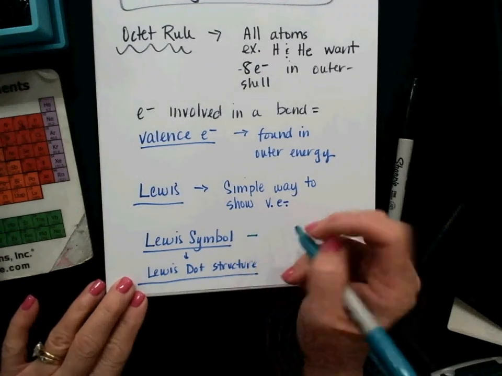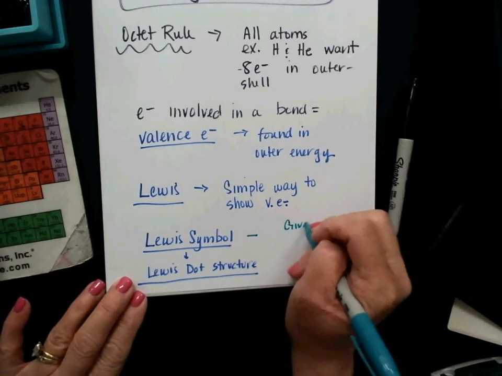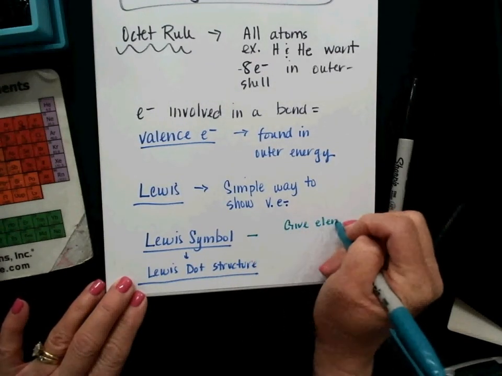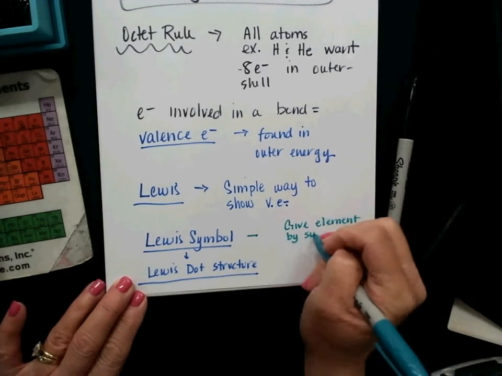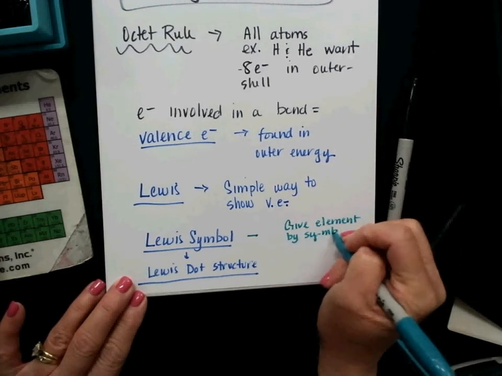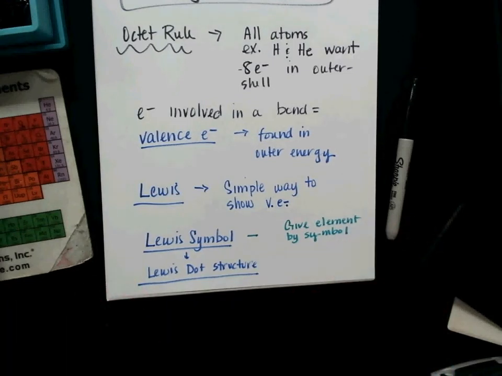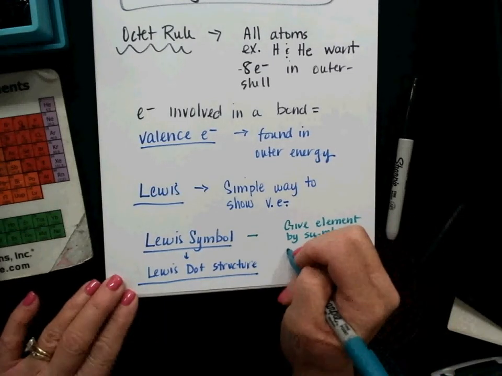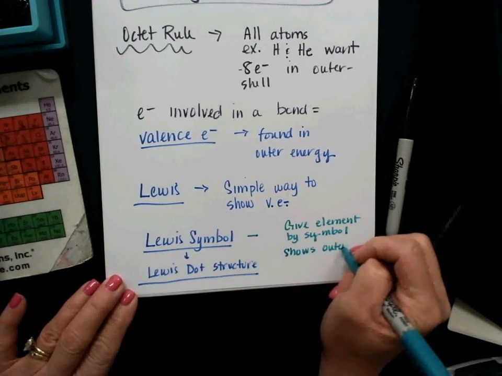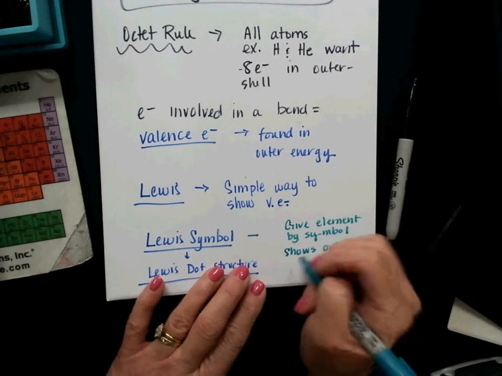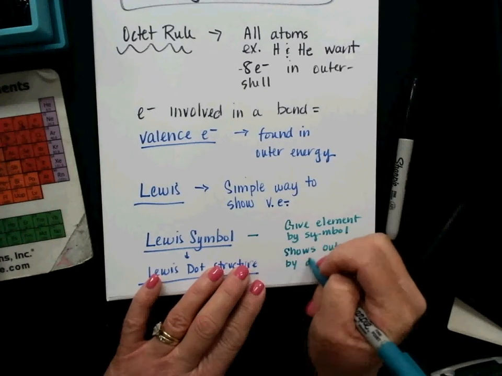It will give the element by symbol, and then it shows outer electrons by dots.